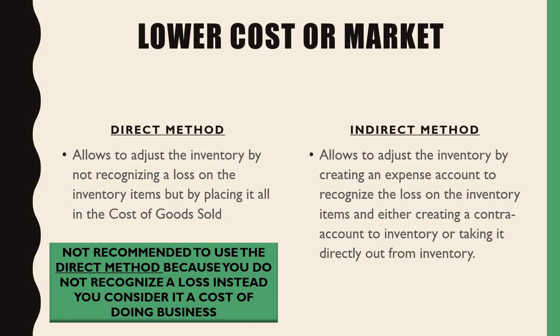Well, there are two methods that you can use to journalize your adjustment for inventory, and that's the direct method and the indirect method. Now, I am not going to be teaching this to you, but I am going to show you what happens, because in your reading, that's what you do.